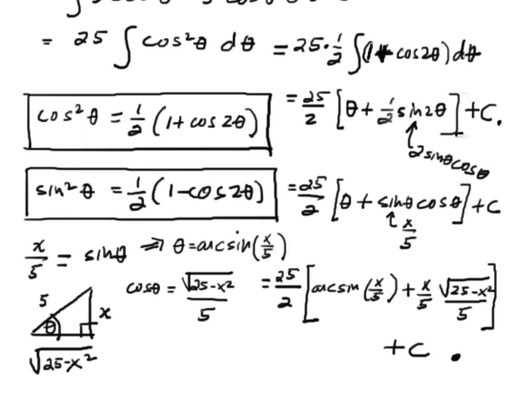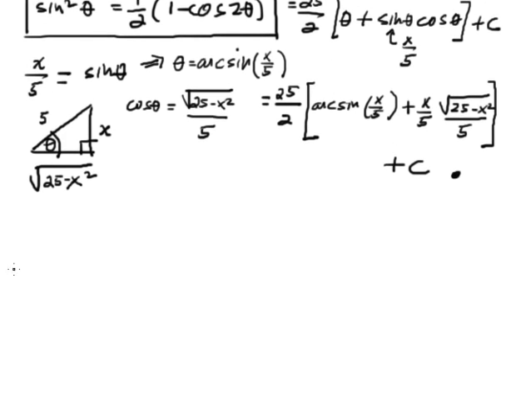Okay, now using this result, let's go back to the original integral. And here's what we have. The original integral is the integral of the square root of 25 minus x squared. Now, what is this expression?